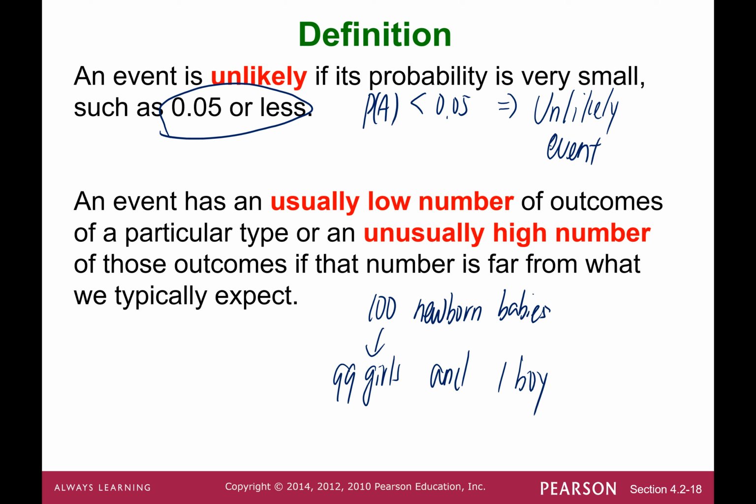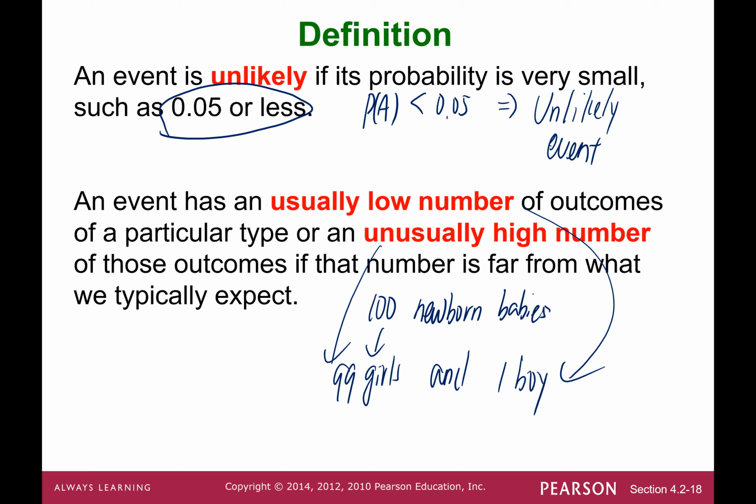And this 99 girls is a very unusually high number of girls, right? You also have an unusually low number of boys. Ideally, we expect to have 50 boys and 50 girls. However, we get 99 girls and 1 boy. Then this event has an unusually low number of outcomes of a particular type, in this case boys, or unusually high numbers of girls, far away from what we typically expect.